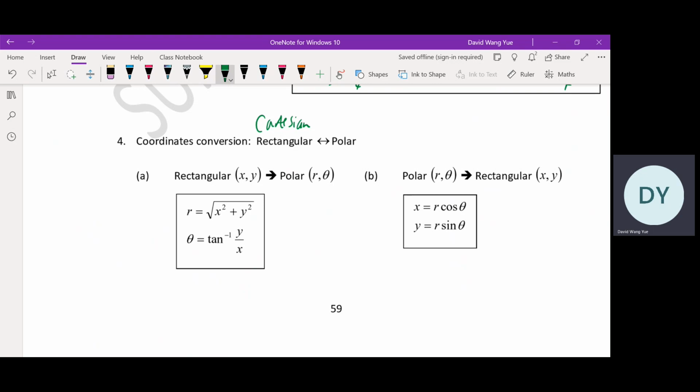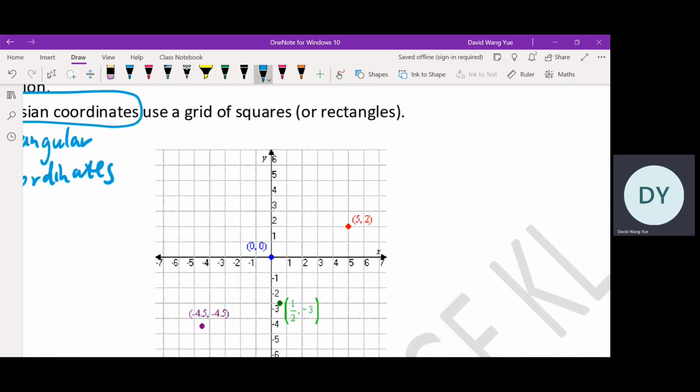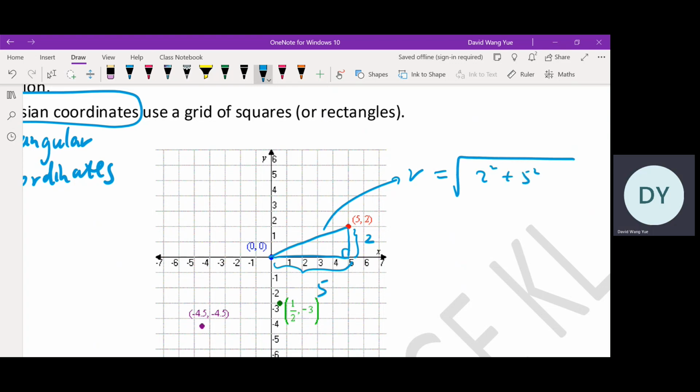Now, firstly, you may realize, just now when I showed this one, this r is the hypotenuse of this right angle triangle. This side is equal to 2, the y coordinate. This side is equal to 5, the x coordinate. So the radius should be 2 squared plus 5 squared.